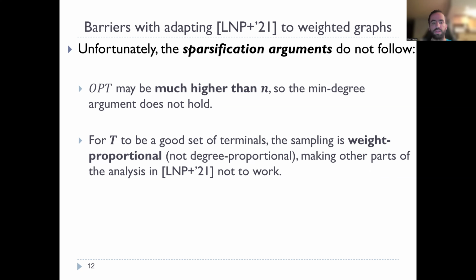Another reason is that in order for T to be a good set of terminals, the sampling in our case is weight proportional, not degree proportional, like in the unweighted case. This makes other parts of the analysis stop working.